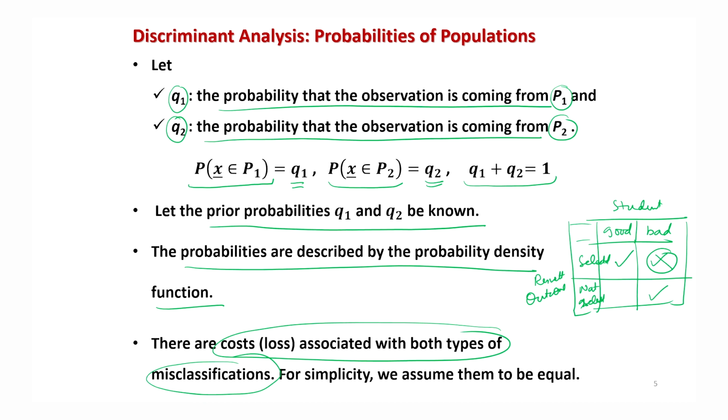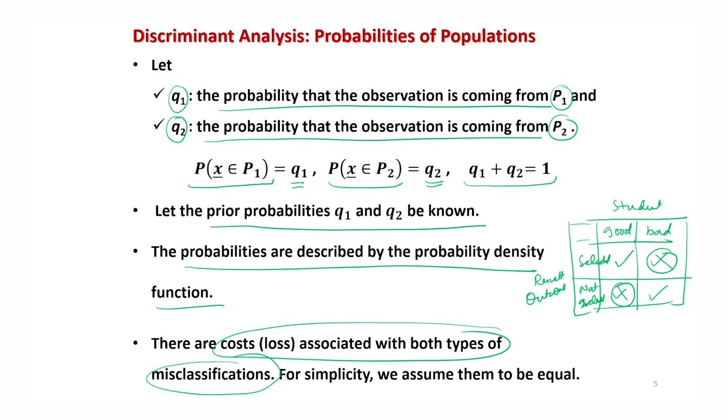And on the other hand, if a student is good and not getting selected, this is also an error. But if you try to see the consequences of a bad student becoming a doctor and a good student not becoming a doctor, do you think the consequences are the same? No, they are different.